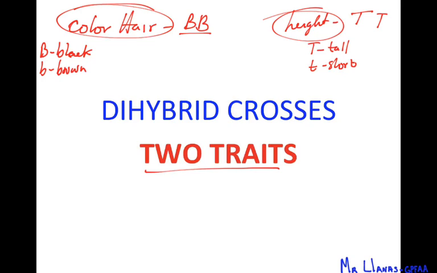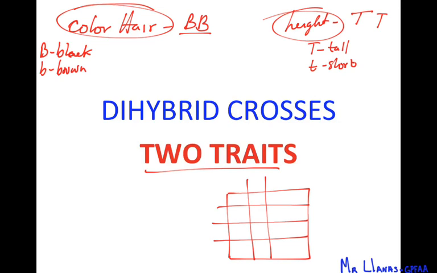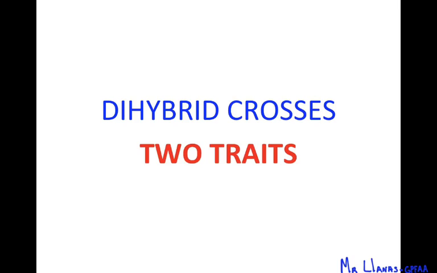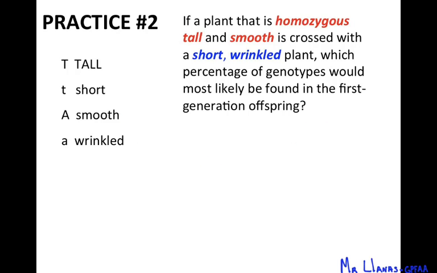A dihybrid cross is a Punnett square that's a 4x4, so that is going to give you a total of 16 offspring. Okay, so that's a dihybrid. Don't get scared about how big this is. If we follow the 4 steps, it's going to be a simple process, and you're going to get the right answer every time.